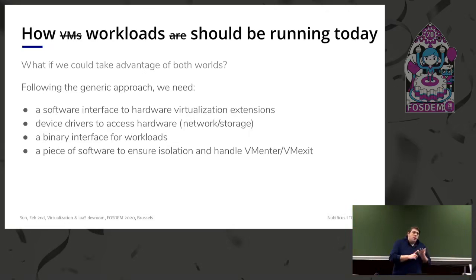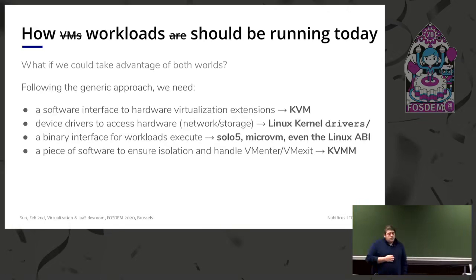We need to define the ABI for the workload to be running. Will it be a unikernel, a Linux, something else? And we need some kind of software to be able to access and interface with the hardware extensions, and to handle VM enters and VM exits.